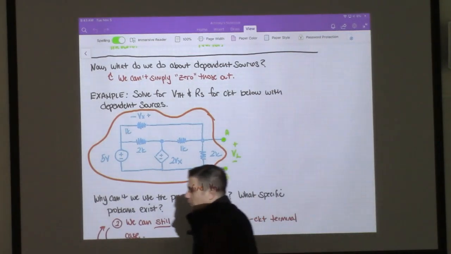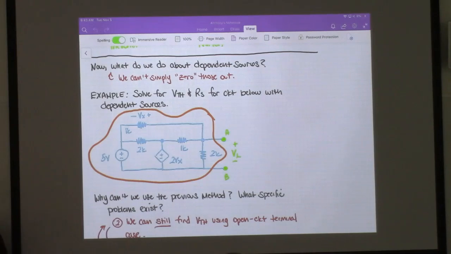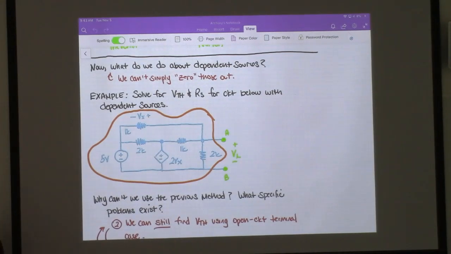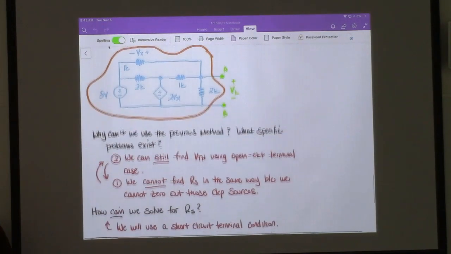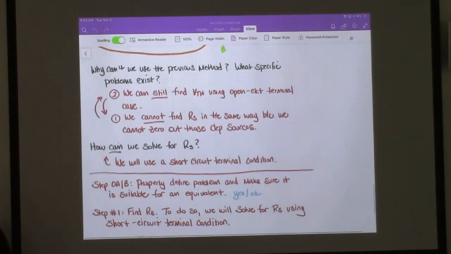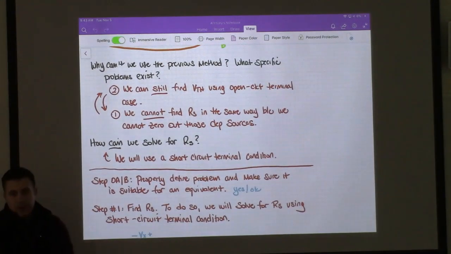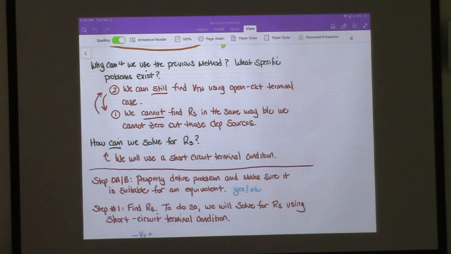And so now we get more into the nuts and bolts here. All right, so we have this circuit, and like I said before, we can still use the open circuit method to find VTH. That's no problem. We're going to do that the same way that we have done it before.